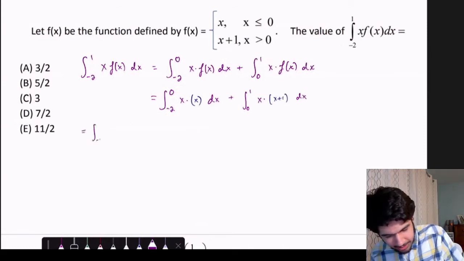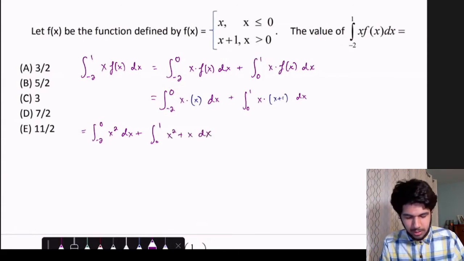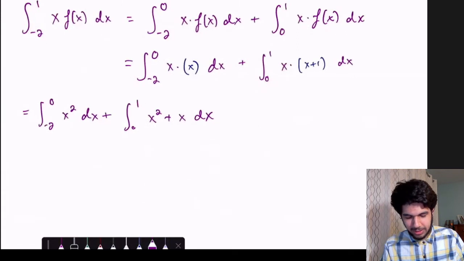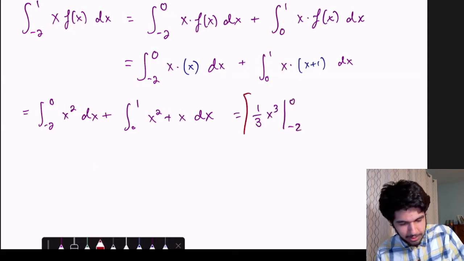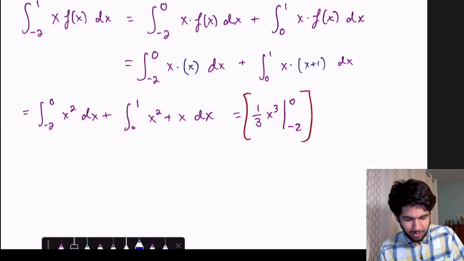So integral -2 to 0 of x squared dx plus integral from 0 to 1, and then we'll distribute, (x squared plus x) dx. Okay? So integral of x squared, that's 1/3 x cubed, evaluated from -2 to 0. Let's throw some brackets around there just to keep it organized.